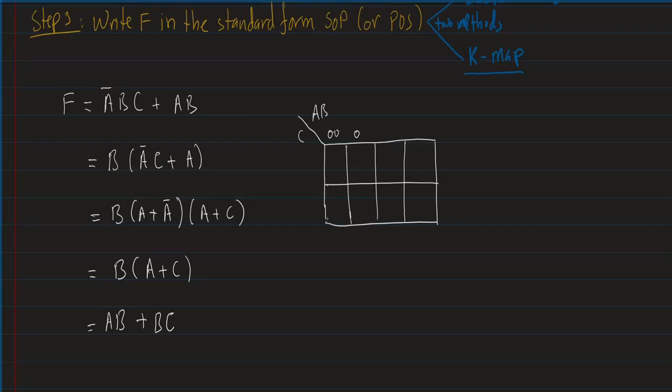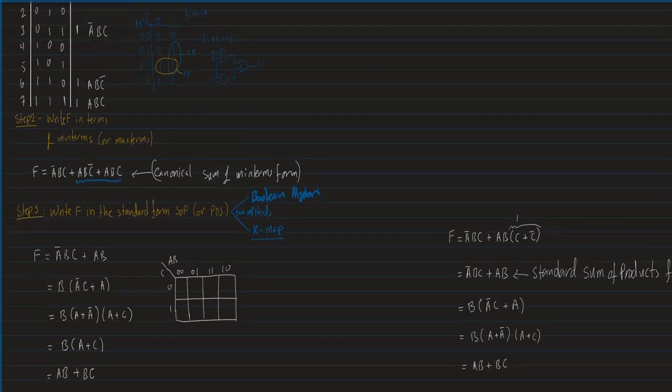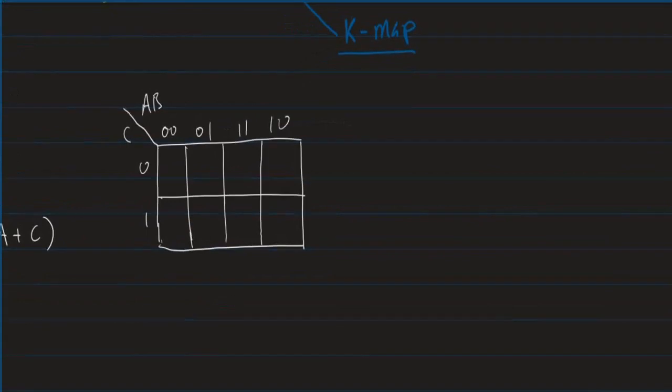So this is 00, 01, and then 11, 10, and I have 0 1 in here, and the ones are at 3, 6 and 7. This is 3, 011, and this is 6, and this is 7.